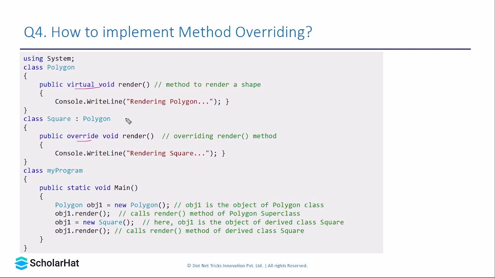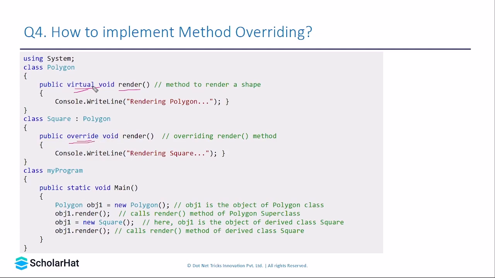So suppose we want to override the functionality of render in my derived class, then I have to use the virtual keyword in my base class. Again, an interview question: how can you override your base class method? The simple answer is that you have to use the virtual keyword in your base class, and in the derived class, we have to use the override keyword.